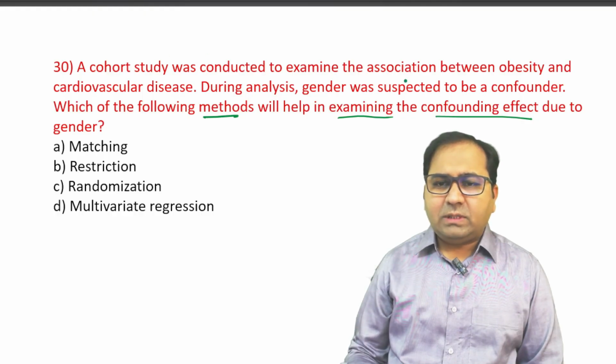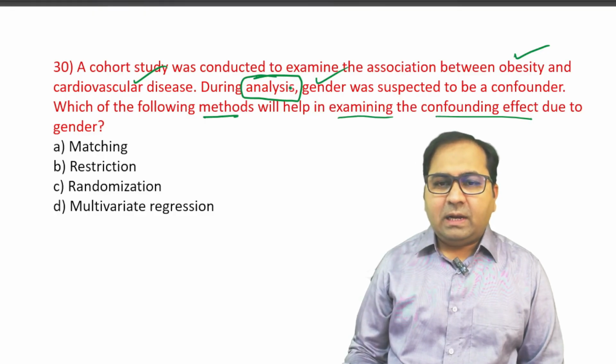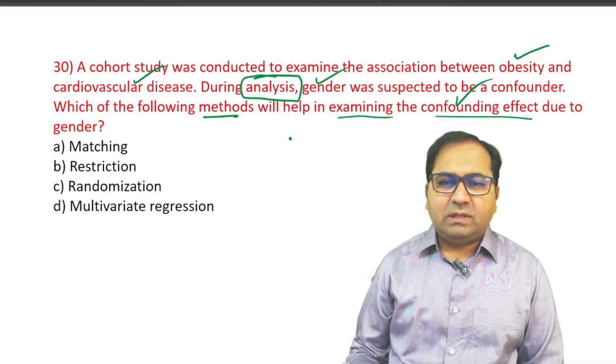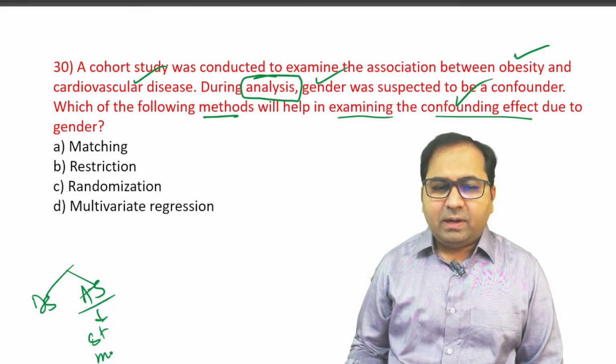The question says that during analysis gender was suspected, so we got the answer from our question. Analytical stage and confounding, as we have just seen in the previous question. You have two stages: design stage and analytical stage. In the analytical stage, you have stratification and multivariate regression.